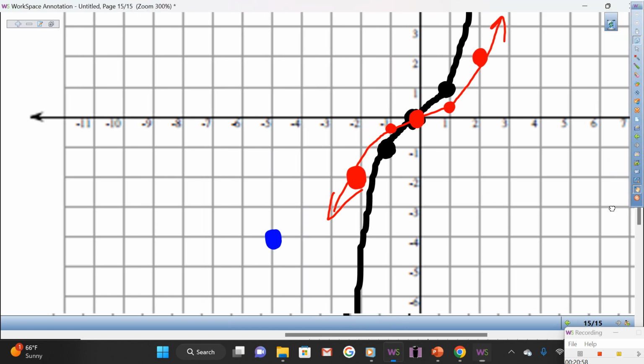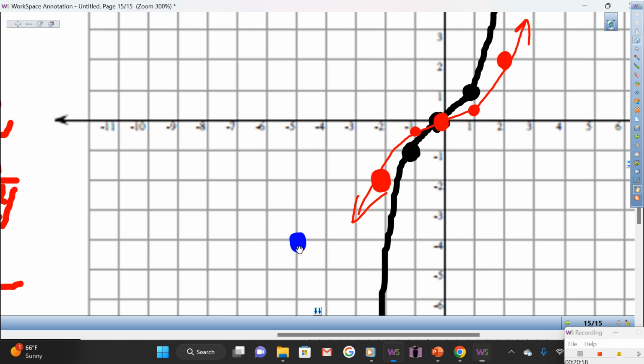However, the last step is to move it. We're going to move it over here. So check this out. Here's my vertex. I'm going to move it over here. So that means this has 1 point, 1 to the right and a quarter up, 1 to the left and a quarter down.